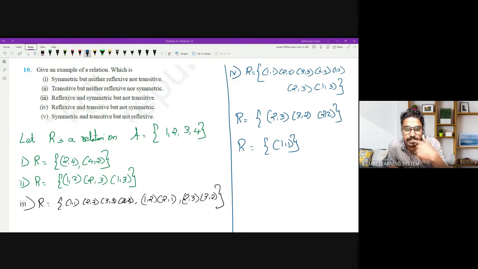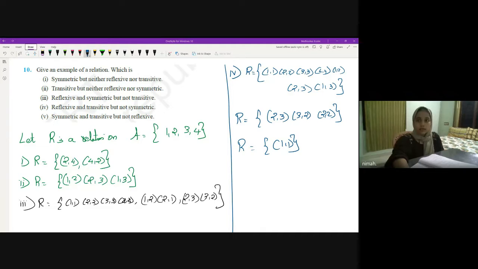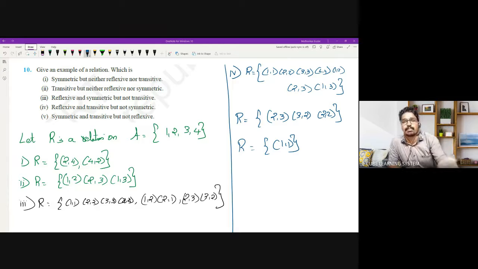Is it symmetric? Yes, sir. Definitely it will be symmetric because there is no example which violates the condition. Is it transitive? R equal to the ordered pair 1 1, or 2 2, or 3 3. It will be symmetric and transitive but not reflexive.